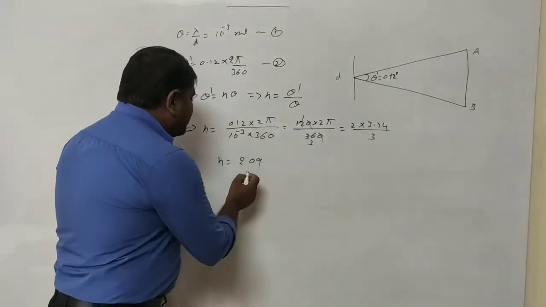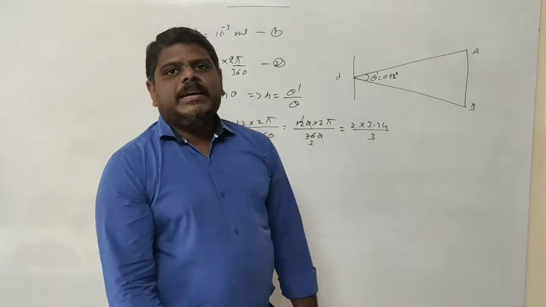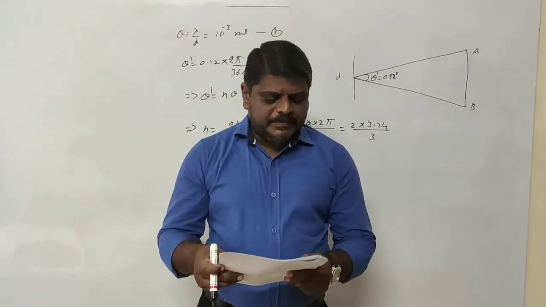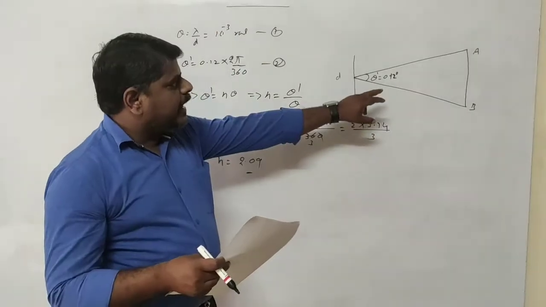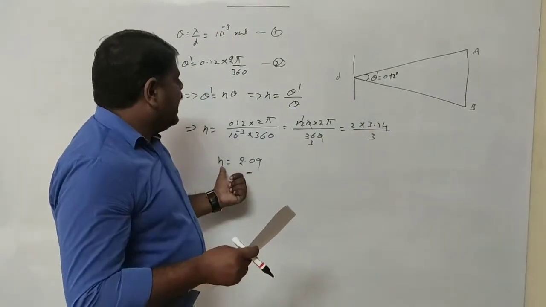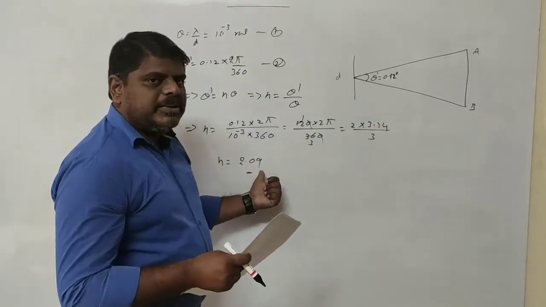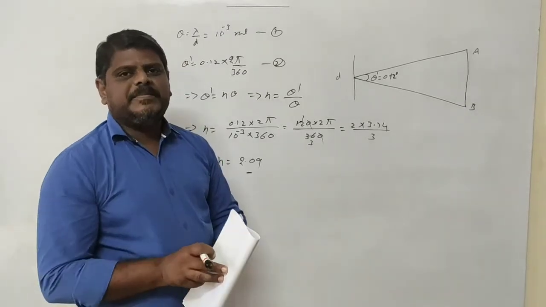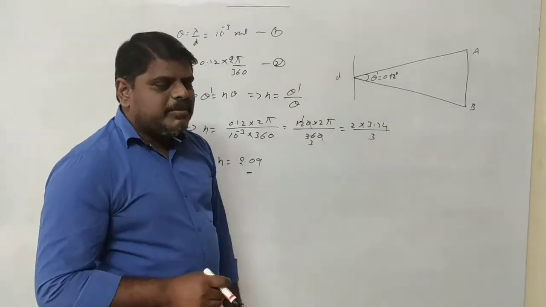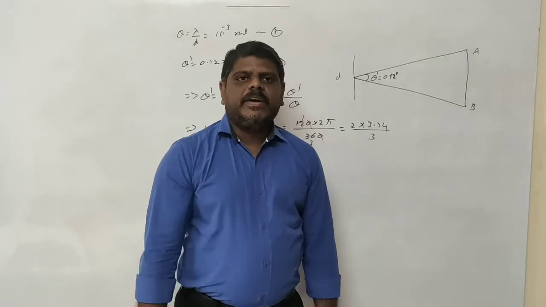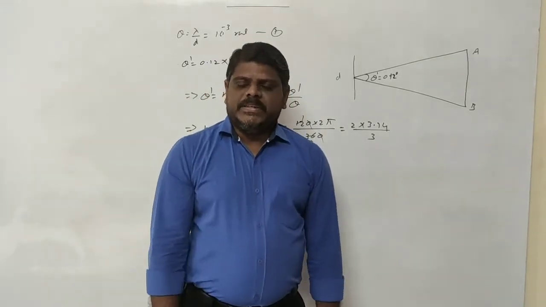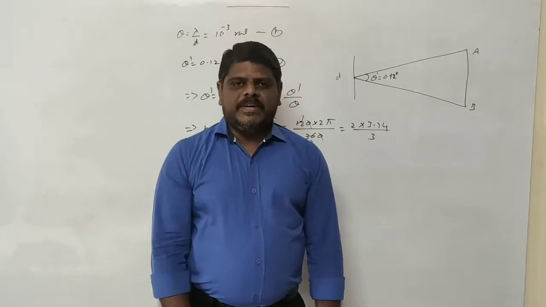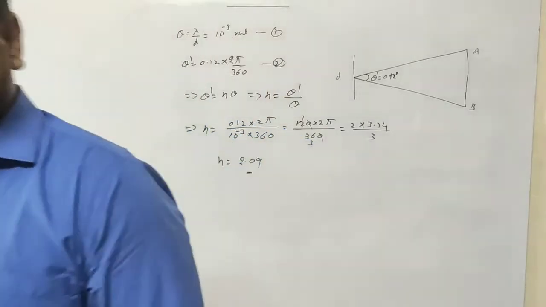So the number of fringes obtained at that place is n equal to 2.09, that means you can take 2. So this is the process. Always remember, if you want to find the number of fringes, divide the total angular width by the angular fringe width. If you do that, you can find the n value. Okay, let's go for the next one.